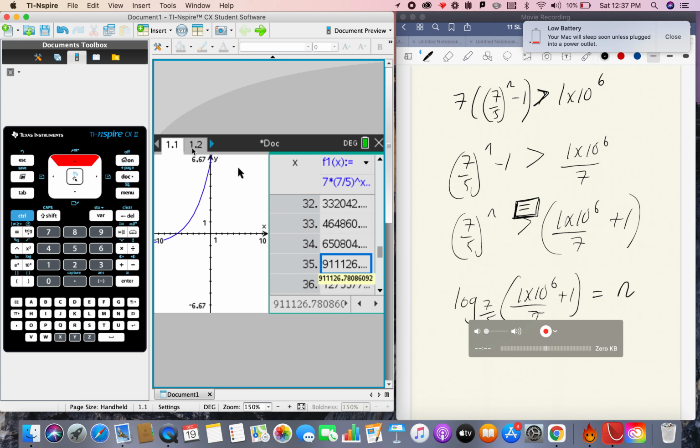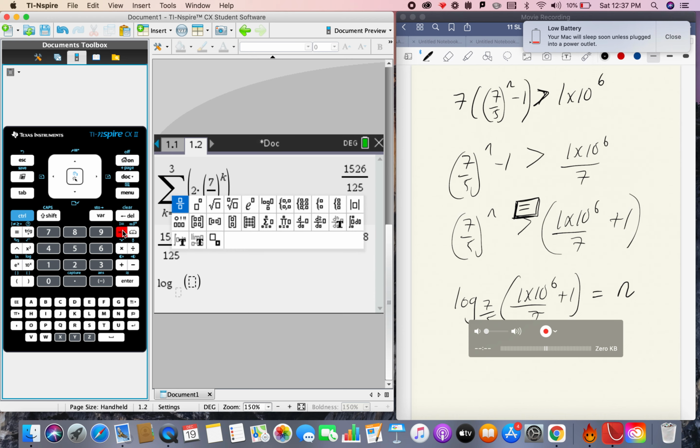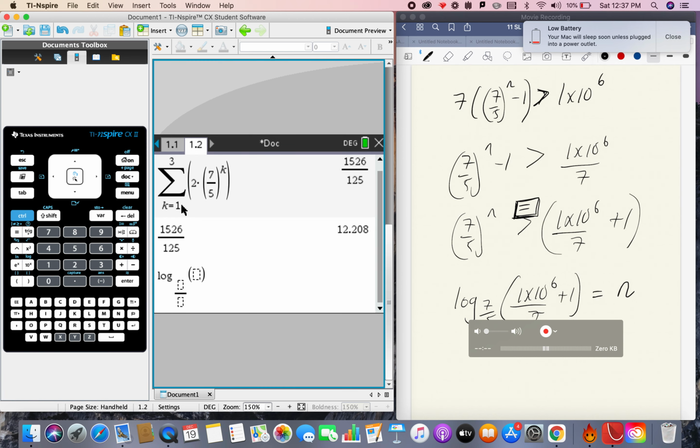So let's go back to page 2 here. Let's try and type that in as a logarithm to see if it will work. Now our logarithm button is above the 10 to the x, so there's the log. And in the base here we are going to put a fraction, 7 fifths as a base, 7 over 5.